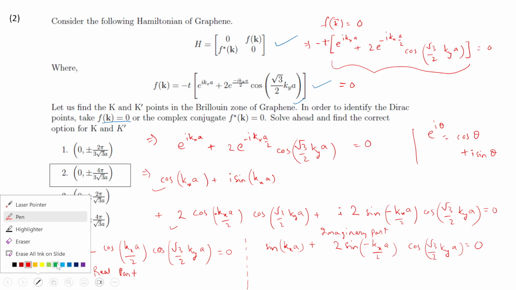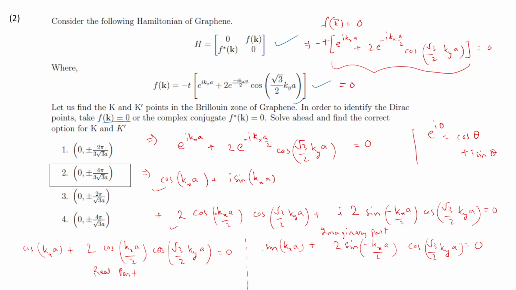So let us first expand this one: 2 sin(kxa/2) cos(kxa/2) minus 2 sin(kxa/2) cos(√3/2 kya) is equal to 0.